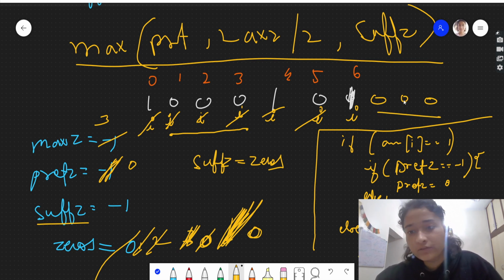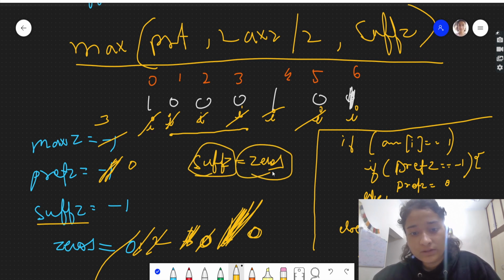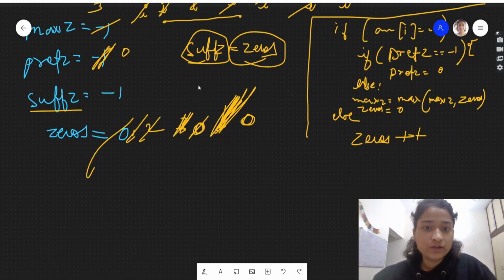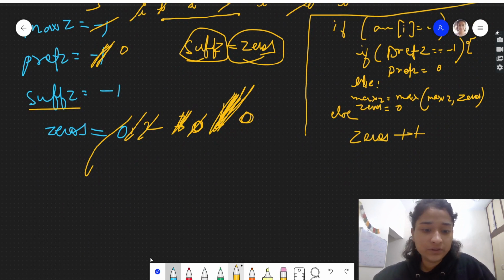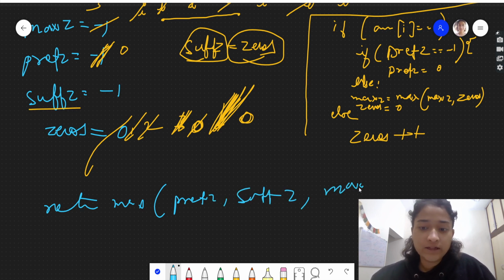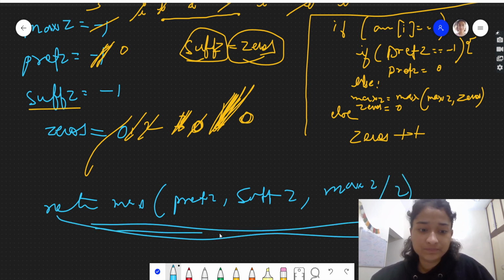But over here there were none, right? So suffix zeros will be whatever count is in the zeros variable. So this was our approach, and after that, what you need to do is return the maximum of prefix zeros, suffix zeros, and max zeros divided by 2. So this will be the maximum closest distance.